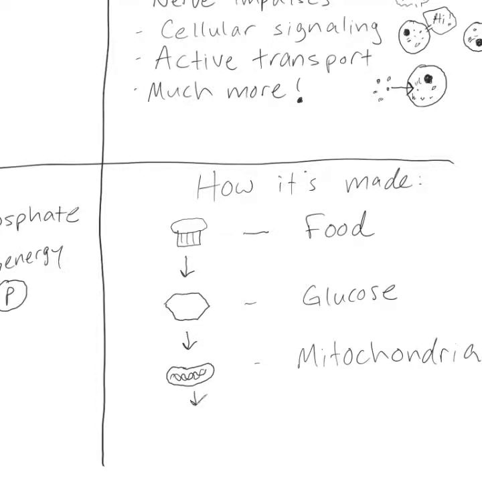So usually at the end of this process, you'll have 36 molecules of ATP. So we have ADP changed to ATP at the end of this. So that's how it eventually gets made.